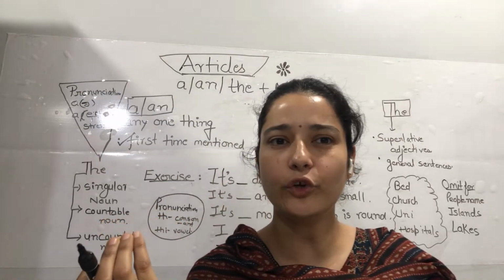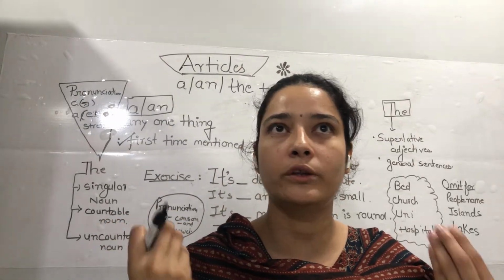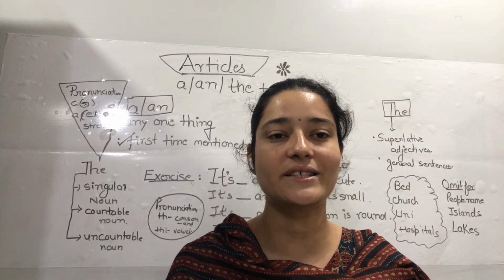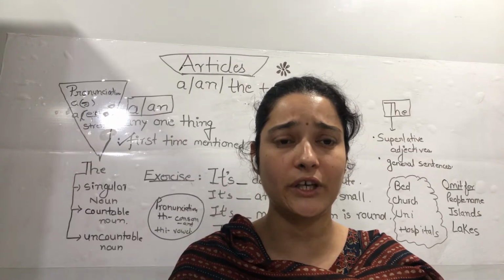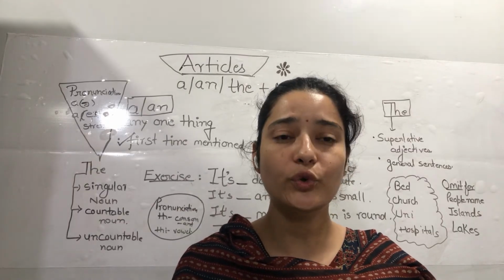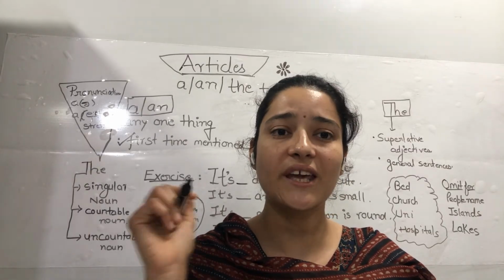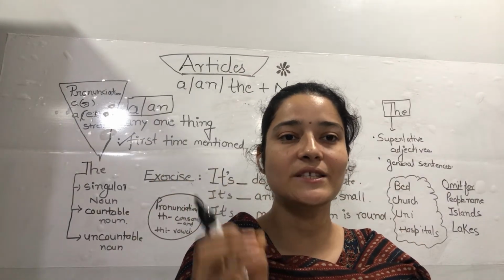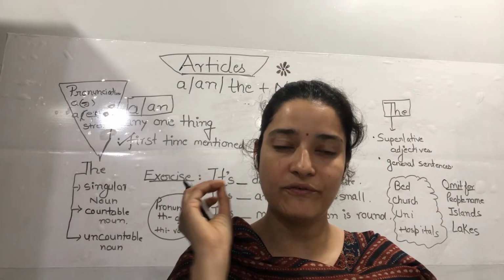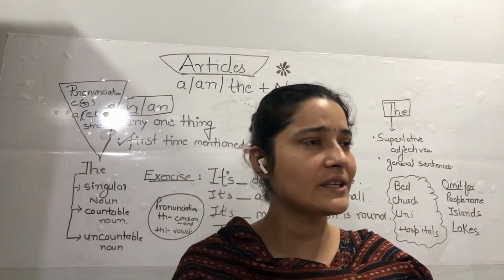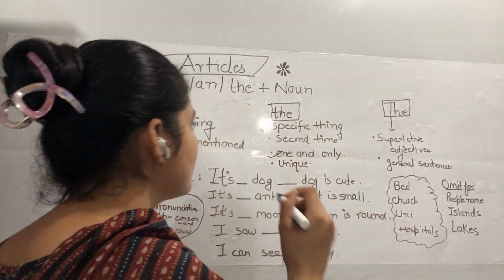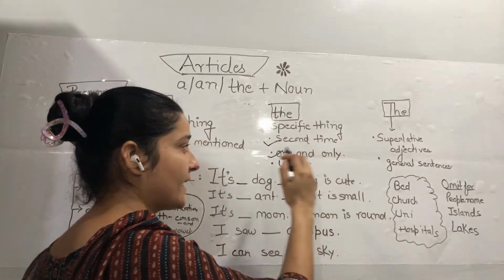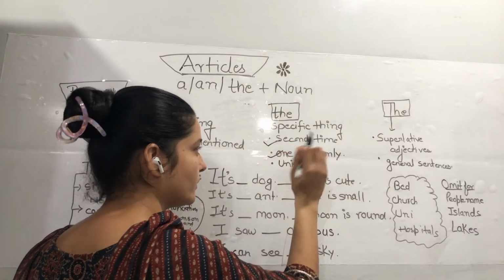For example, if we are talking about those things that exist only once in this universe, like sun, moon, planet, you will always use "the," because they are unique. Nobody is like them. Uniqueness indicates definiteness, which means "the" will come there. Second time I told you, if I'm mentioning anything for the second time, obviously I have to use "the."